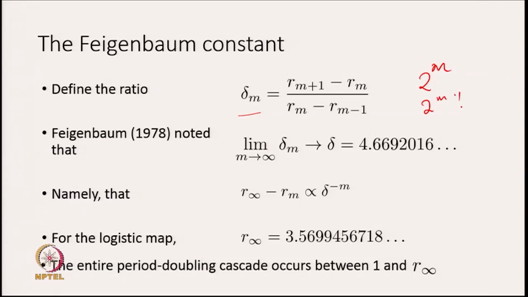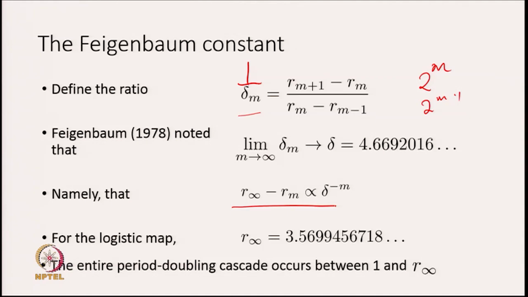So, these windows keep shrinking. 1 over delta m over here is defined. Okay. So, Feigenbaum noticed that these windows, not only do they keep shrinking, but they do so at a geometric rate, and they do so with a very interesting set of properties.